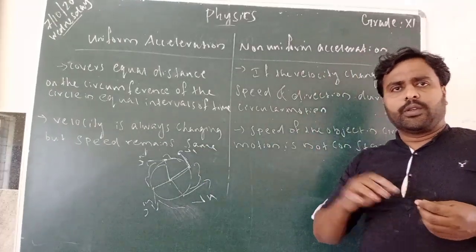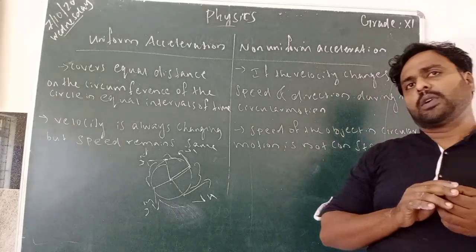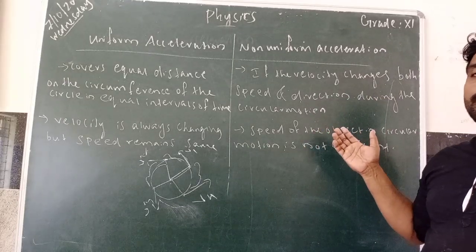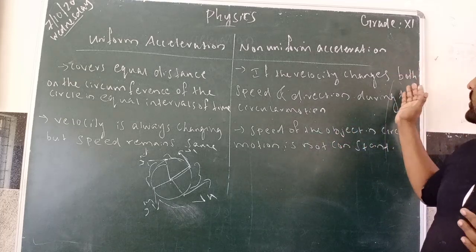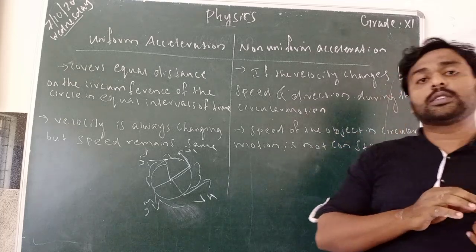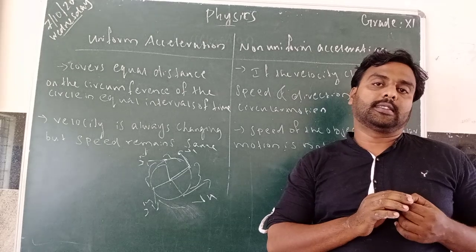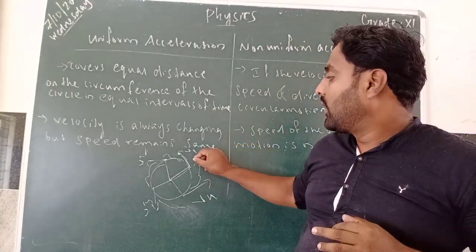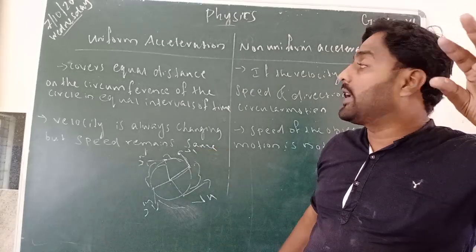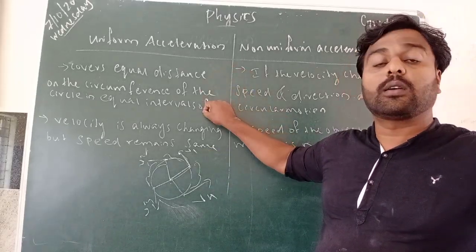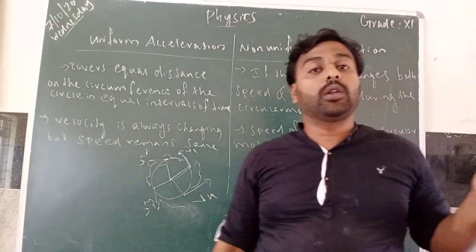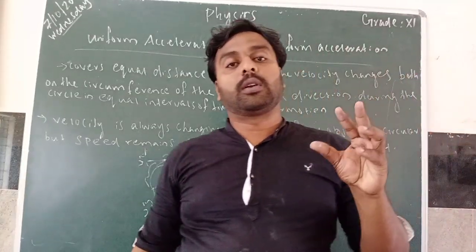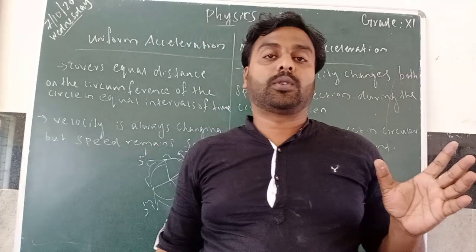In the same way you can differentiate non-uniform circular motion. What is the difference? Velocity changes both speed and direction. In uniform motion it covers equal distance in equal intervals of time, but in non-uniform motion it is not possible to cover equal distance in equal intervals of time.